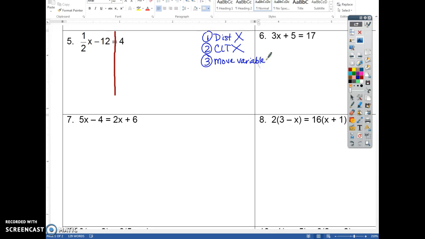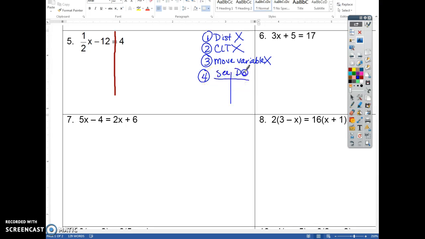That's only if I have a variable on both sides, and I only have one variable. I don't have a variable on the right side, so I don't move anything. So do you see how I go through my list and just say yes or no? Okay? So the only thing I'm going to have to do is step number 4, which is see do.